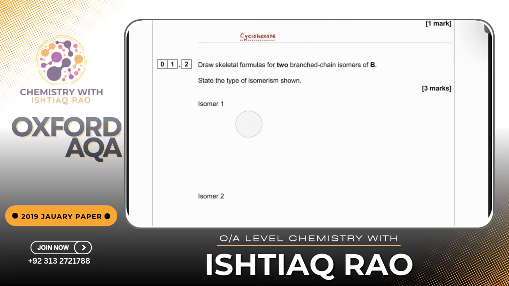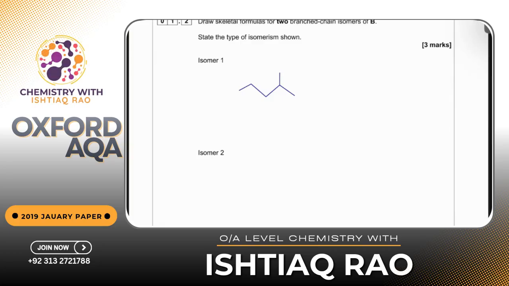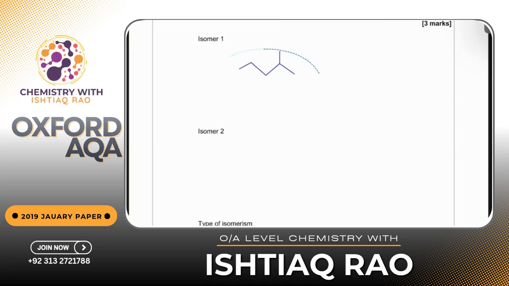Skeletal formula they are saying, right? 1, 2, 3, 4, 5, and then this is the branch. So this is called 2-methylpentane. In another structure, I would say this is going to be 3-methylpentane. These are the 2 branched isomers.